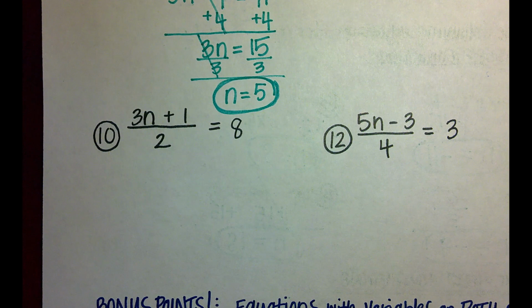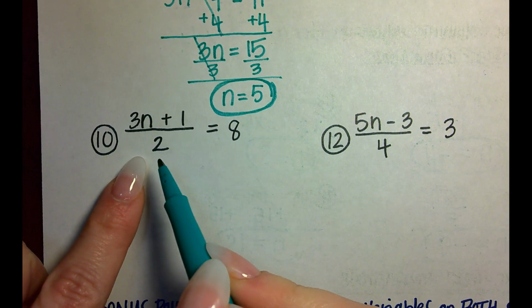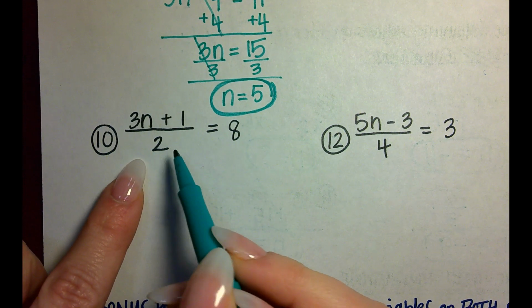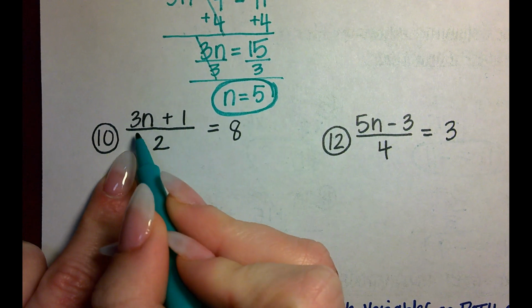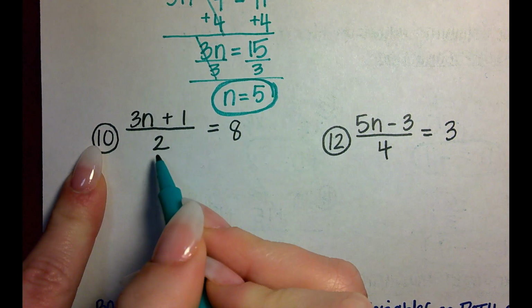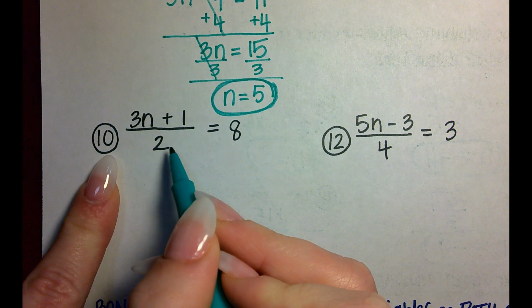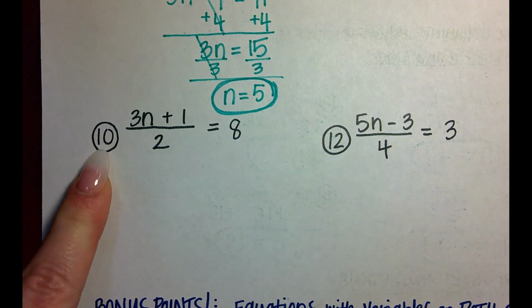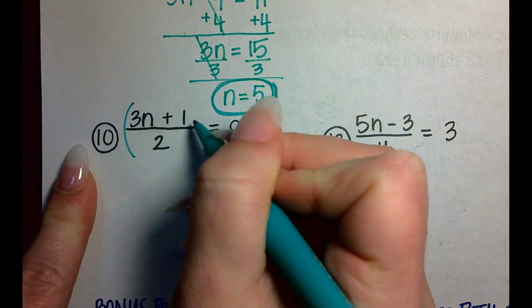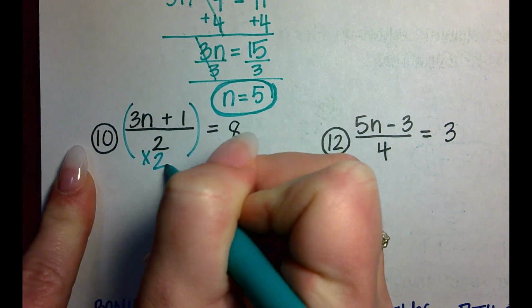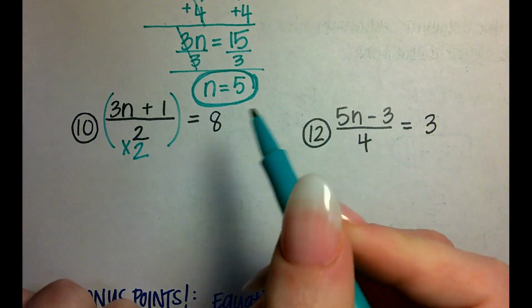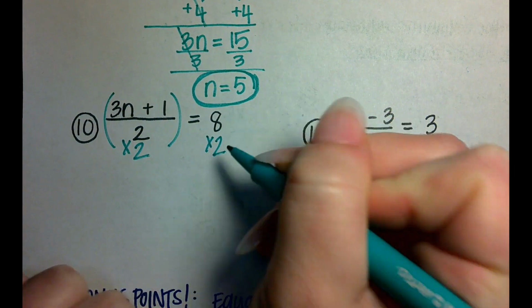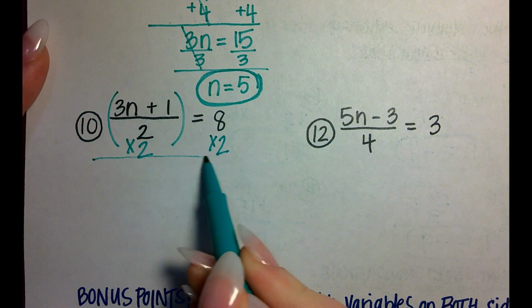We're trying to get rid of this divided by 2, so we take 2 times the 8. To get rid of that, we're going to take everything times 2 on both sides.